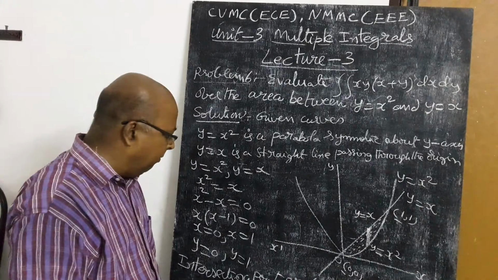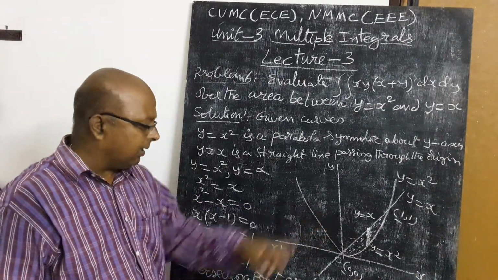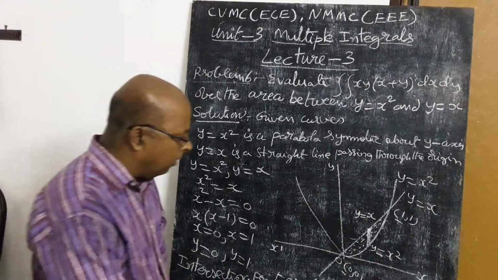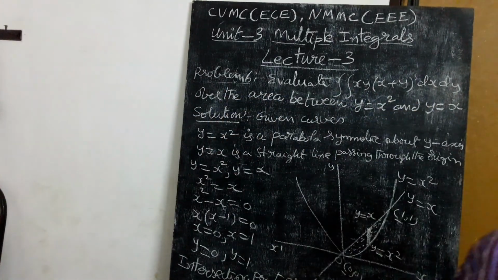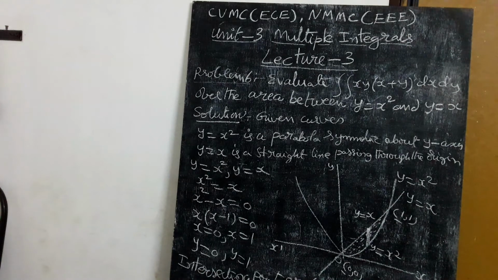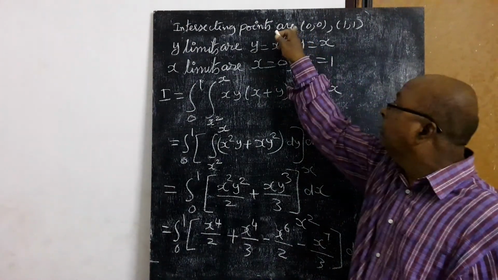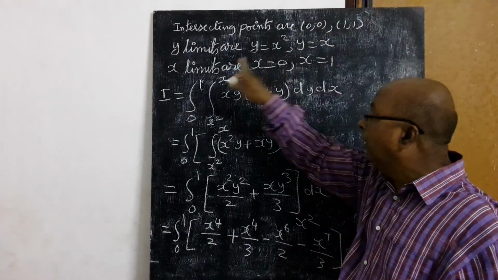So the y limits are x square to x, and the x limits are 0 to 1. Note down. So the intersecting points are (0, 0) and (1, 1).